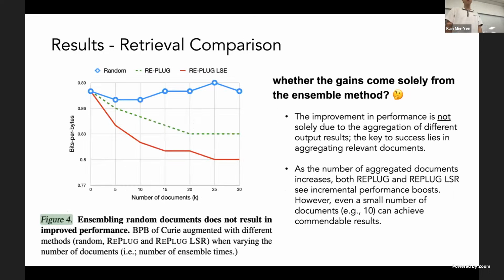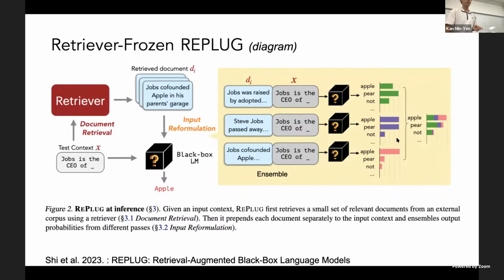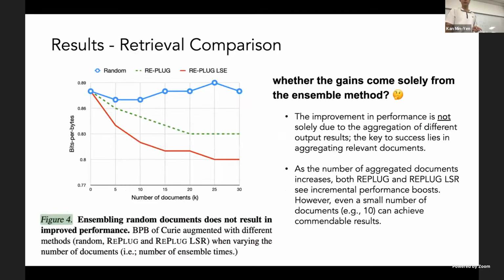Also, as you can find in the previous slides, this can be seen as an in-sampling method. To avoid the improvement being caused by the in-sampling way, they conducted another comparison: retrieving documents randomly, concatenating them into the original input and making predictions, to compare with their method. You can see that random is obviously worse.